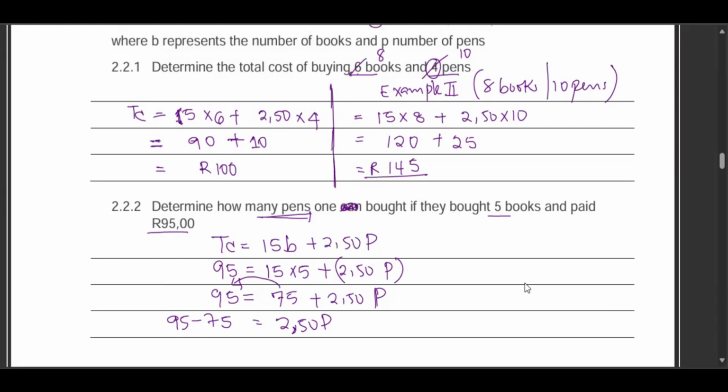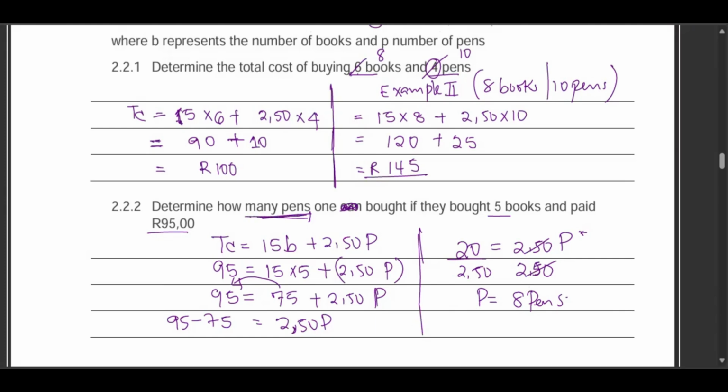When you subtract, you end up having 20. So on one side we have 20, and on the other side we have 2.5 P. Because we're looking for this P, we divide through by 2.5. So my P now becomes 20 divided by 2.5, you end up having 8. So meaning they bought 8 pens. That was the question here.